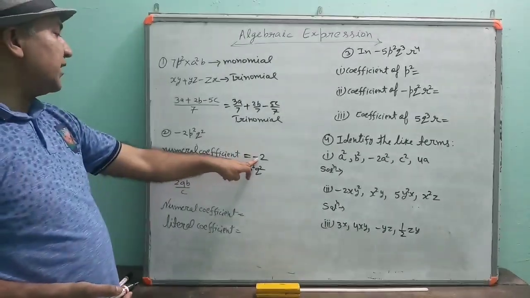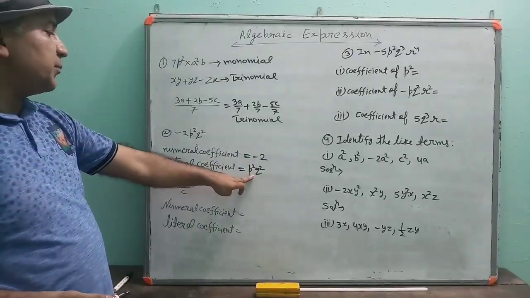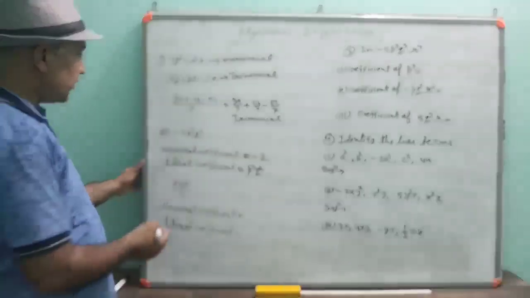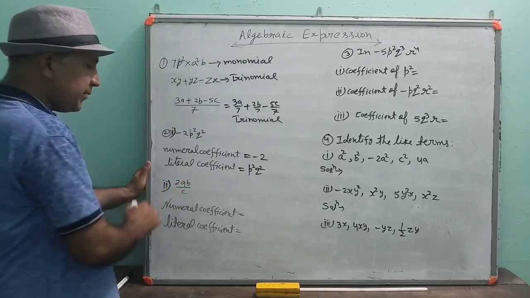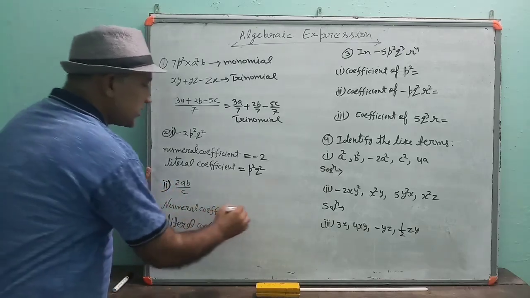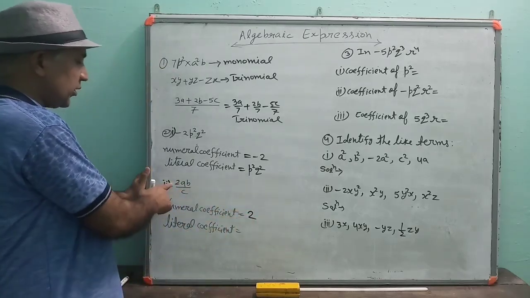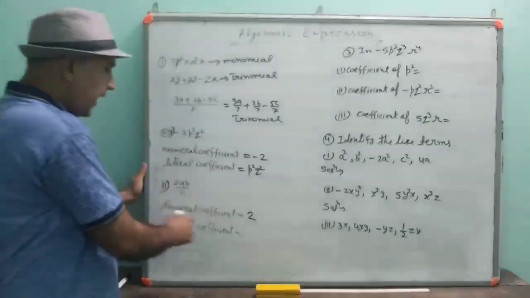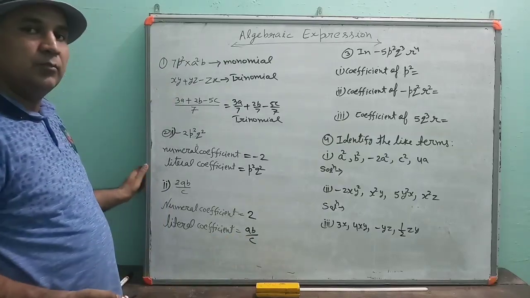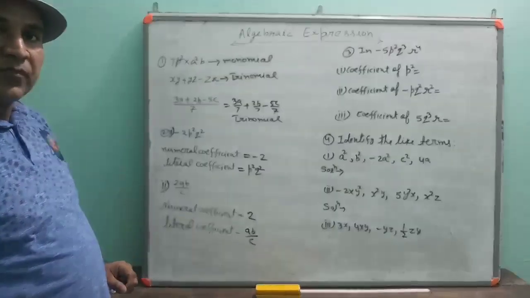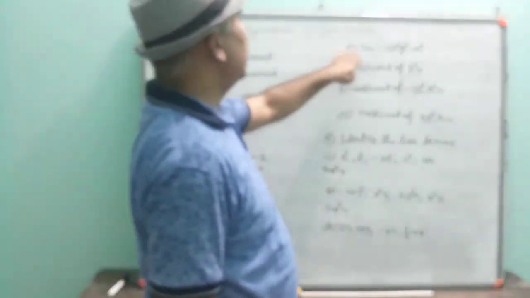Numeral coefficient is minus 2 and literal coefficient is p square q square. See here also 2ab upon c. In this question numeral coefficient is 2 because only one number is there, and literal coefficient is ab upon c because these are the variables. Okay?